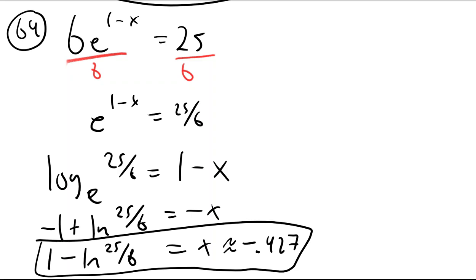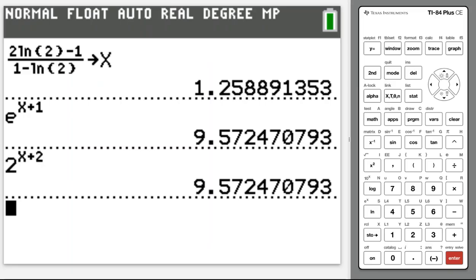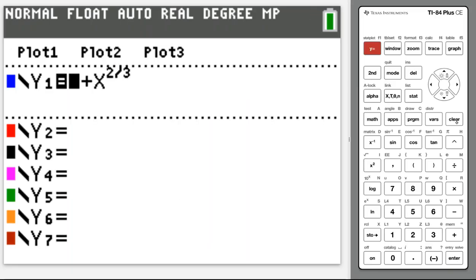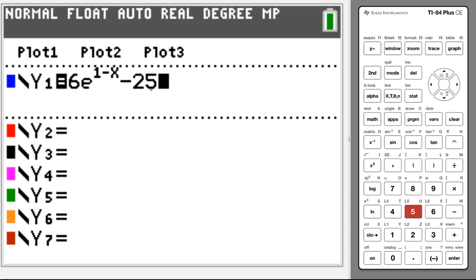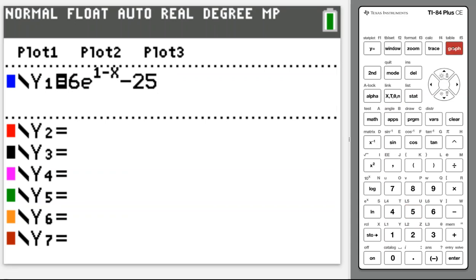Okay, and then they want us to check it graphically as well. So to do it graphically, what you should do is graph both sides. Actually, I'm just going to graph one. Okay, so there's the left side, and then I'm going to subtract the 25 over. So now I'm interested in when this equals 0 because I'm subtracting the 25 over.